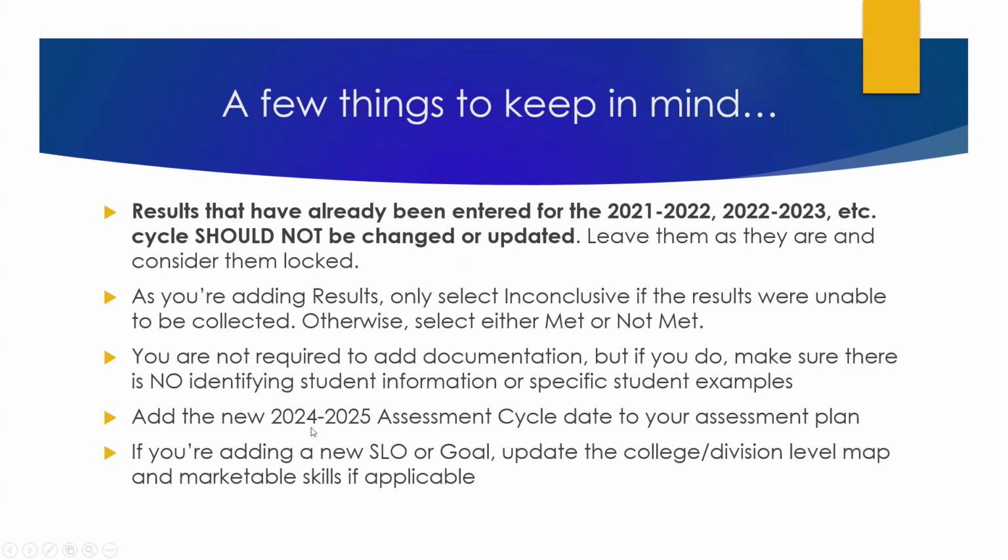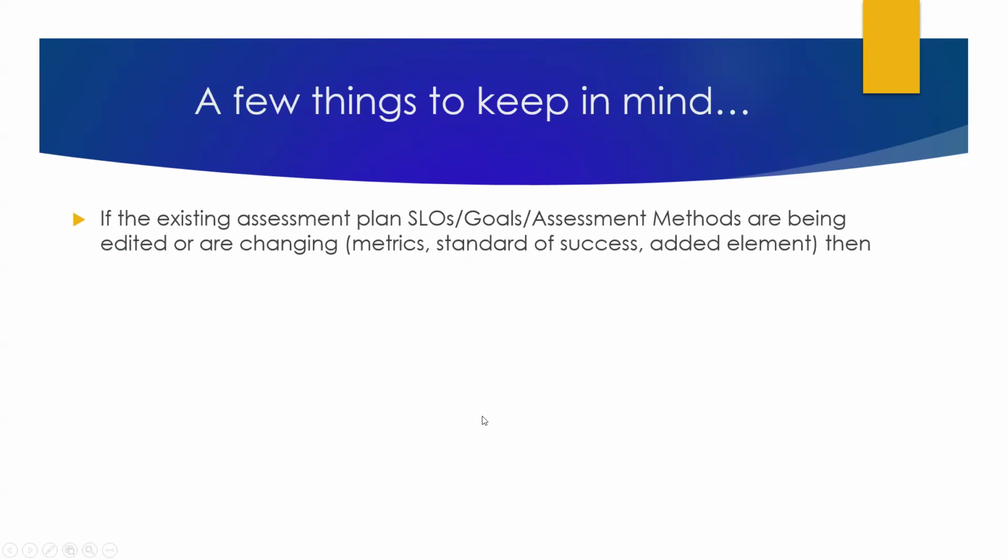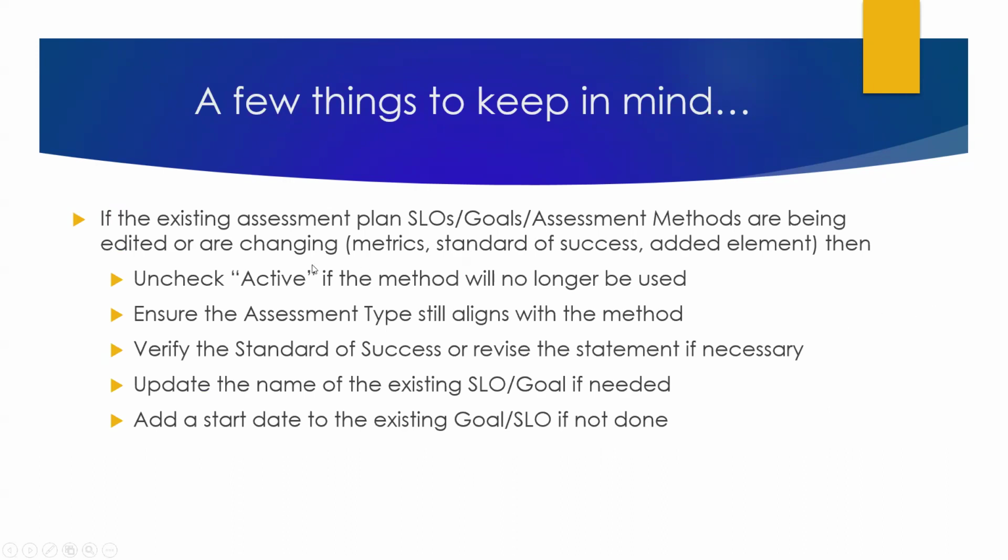You're going to want to add that 2024-2025 assessment cycle date to your assessment plan. And if you're adding a new learning outcome or goal, make sure you update your map that we looked at earlier. A few more things to keep in mind. If the existing assessment plan, SLO goals, assessment methods, anything are being edited or are changing, just uncheck active in your assessment method.